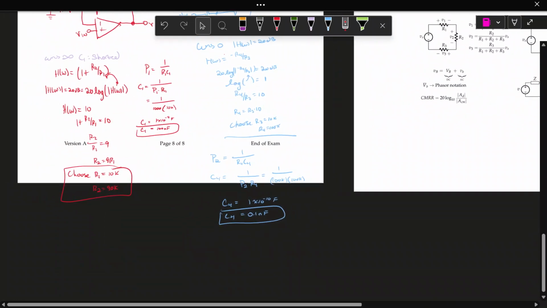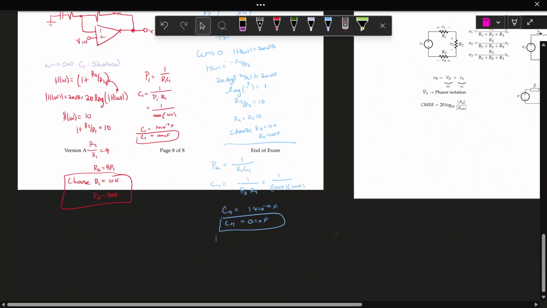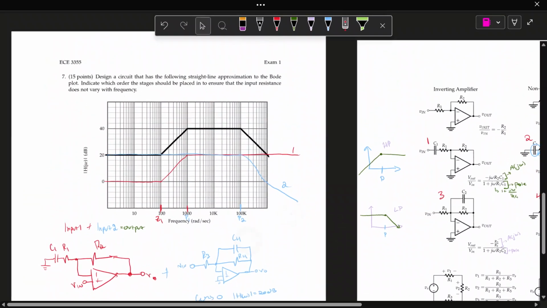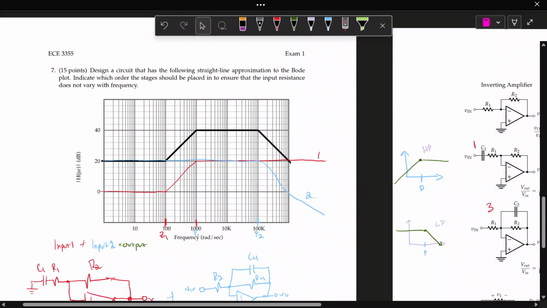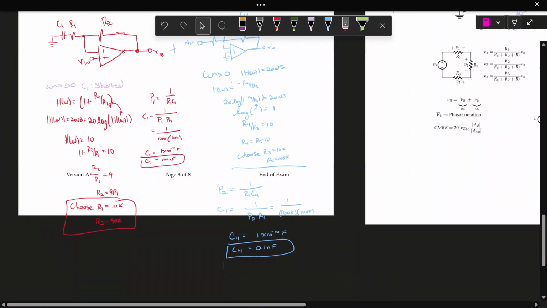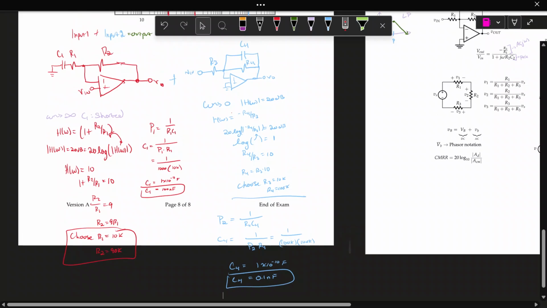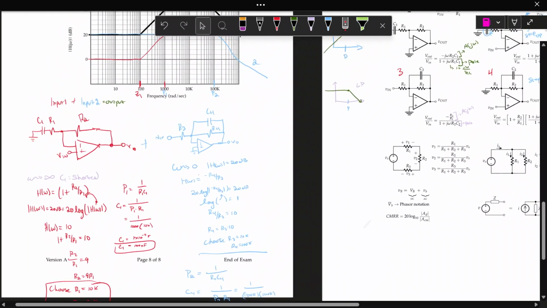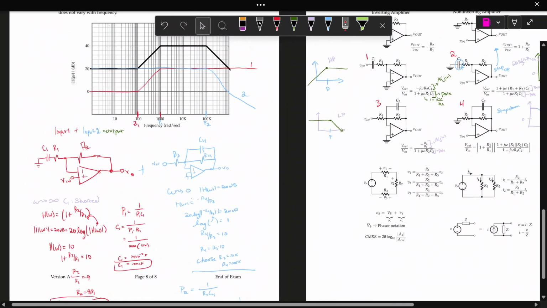So now we need to put these values to work here. One thing we have to notice, it says indicate which order the stages should be placed in to ensure that the input resistance does not vary with frequency. What that means is we have to make sure the input resistance does not vary with frequency.